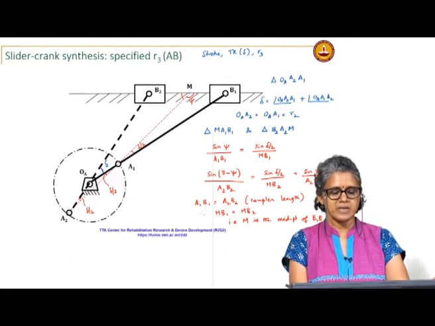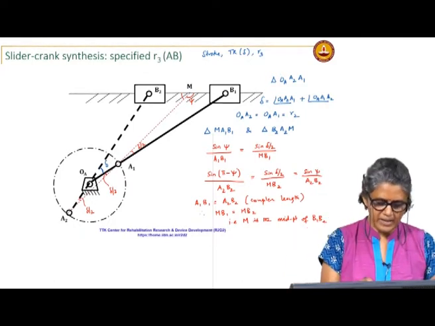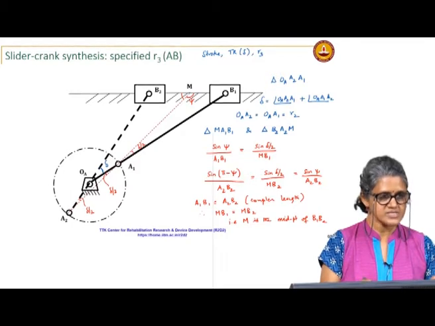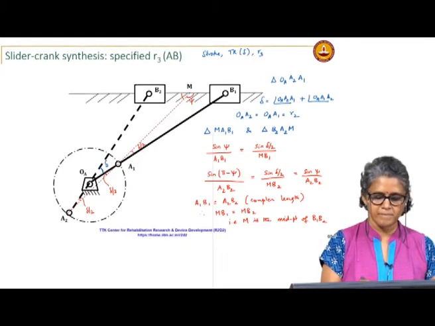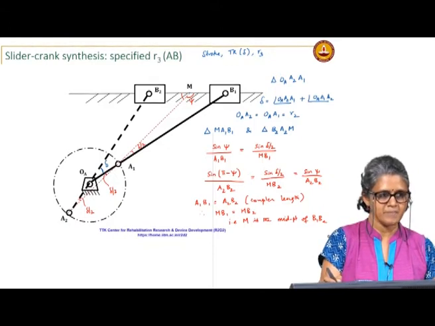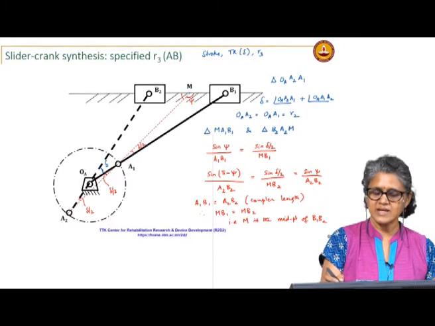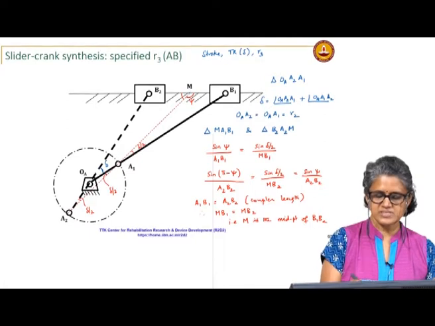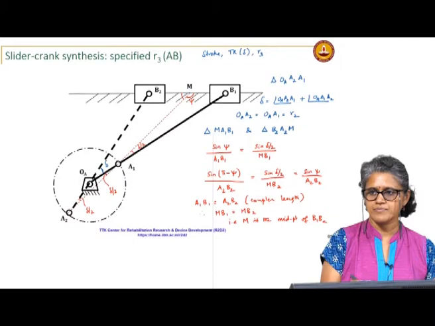So, what does this tell me? A1 lies on a circle which makes a center, for which the chord MB1 makes a central angle of delta, because MB1 makes delta by 2. Okay.